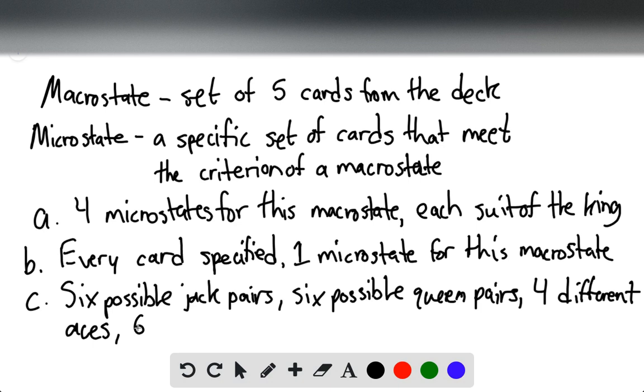Therefore, we would have 6 times 6 times 4 equaling 144 microstates for this specific macrostate.